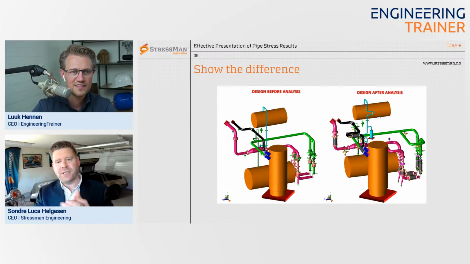But say in this case, there were a lot of special issues. As you can see, the before analysis didn't have any expansion bellows. But we had to slap on, as you can see, a lot of expansion bellows here to make this system design work with respect to the allowable loads on the equipment primarily.